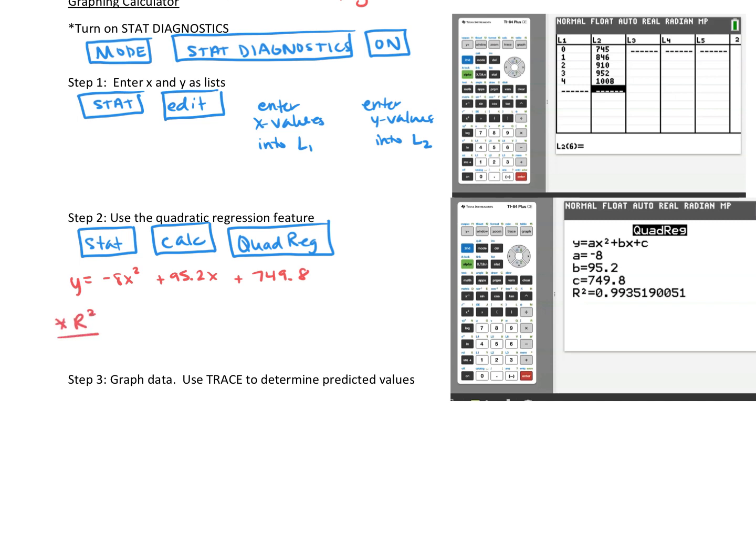What does that R squared tell us? So the closer R squared is to 1, the better the equation matches the data points.